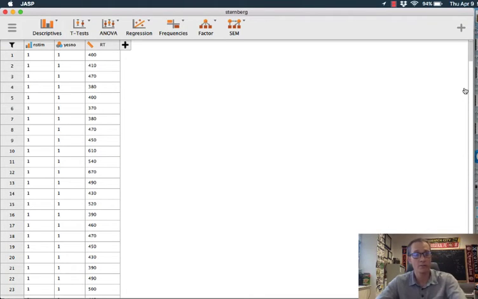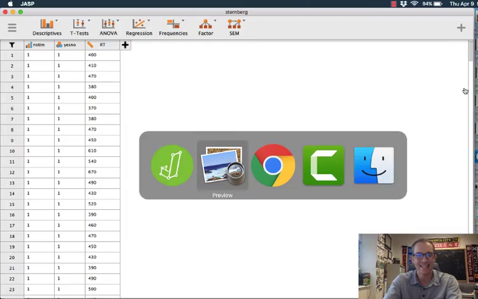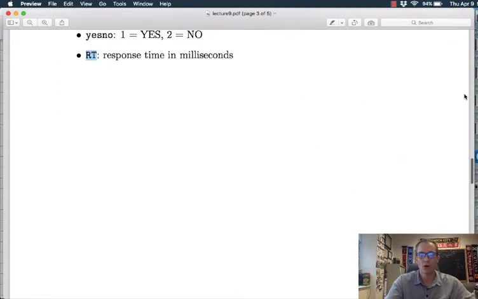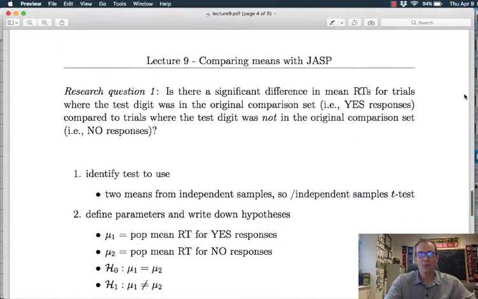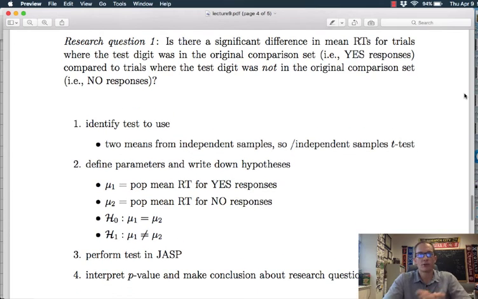Okay, so we're ready to do some hypothesis testing. We're actually going to do both examples with this data set, so that makes the lecture nice and tidy. These examples are going to come from two specific research questions that I might be interested in. Here's research question number 1.